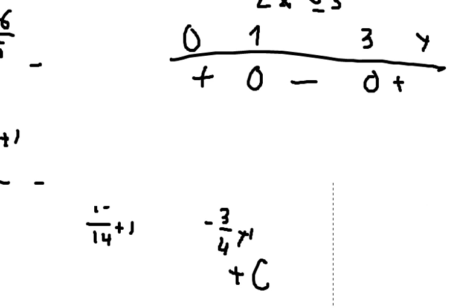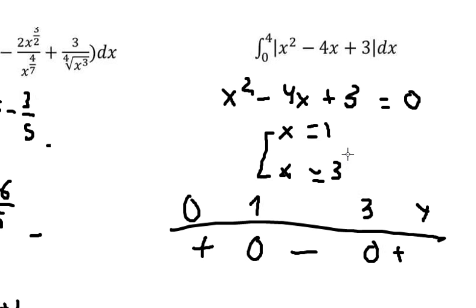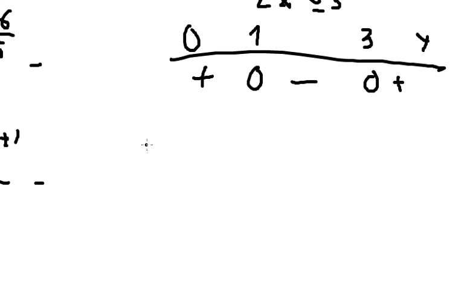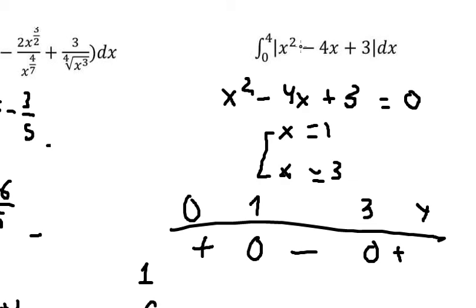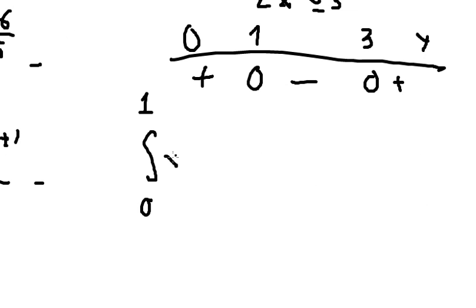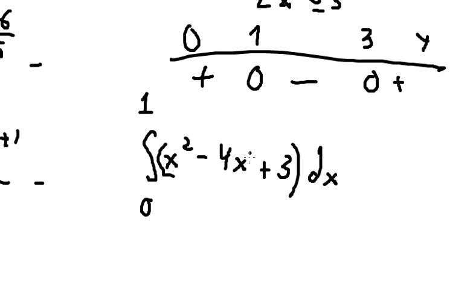So in this situation, we will separate this integration into 3 intervals in here. From 0 to 1, we got about positive, so we just write the same. Next, from 1 to 3 in the negative, so we need to put the negative.